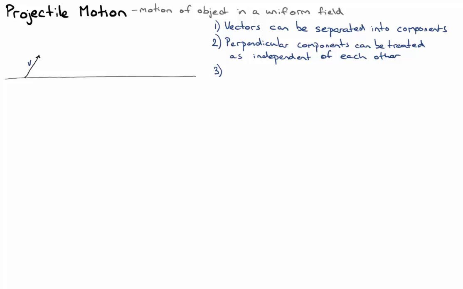Once something has left the hand of the thrower or has been fired by a cannon, after it's left that object which is applying the initial force, there is no other force acting on it, as long as we assume air resistance is negligible.